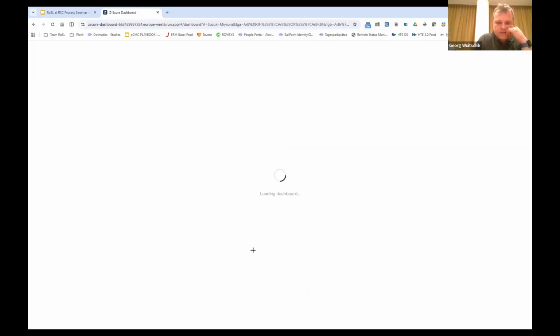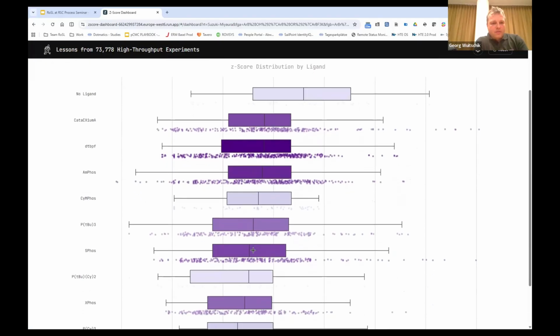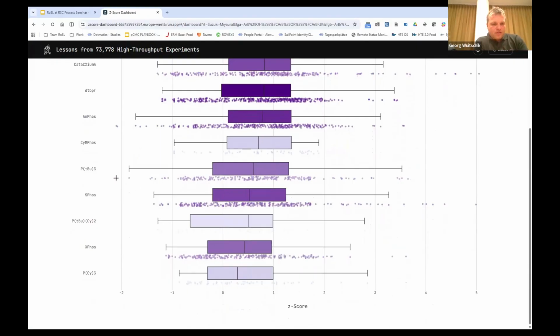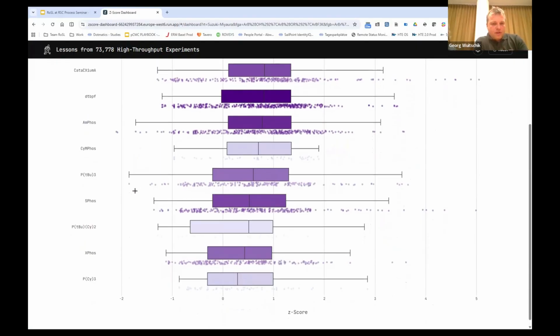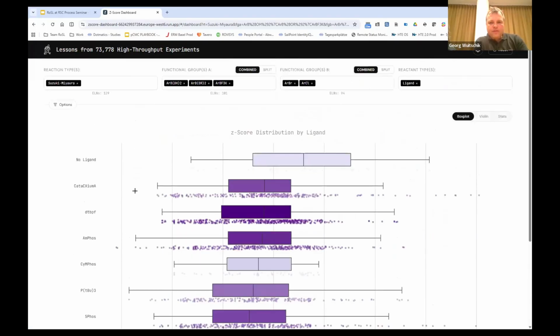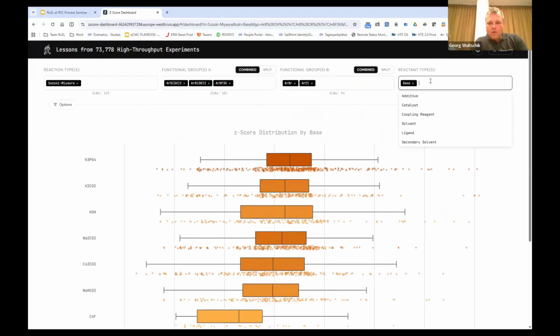And then you see, okay, Cataxium is good, DTPPF is good, Amphos is good, tri-tert-butylphosphine is good. The usual suspects.